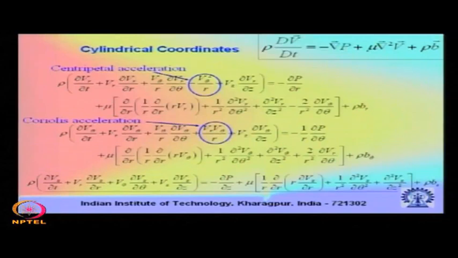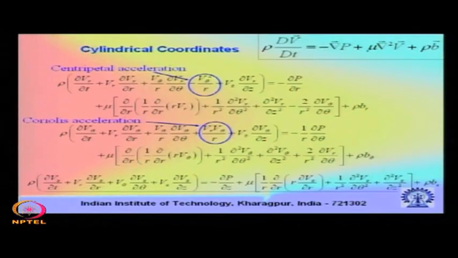The fourth term, Vz dVz/dz, is 0 for fully developed flow. So the left hand side has become 0, and on the right hand side you have minus dp/dz. The first term in the bracket is very much there because Vz as a function of r is reflected in that term. The second term in the square bracket, Vz is not a function of theta, so that is 0, and the third term is 0 by fully developed flow.